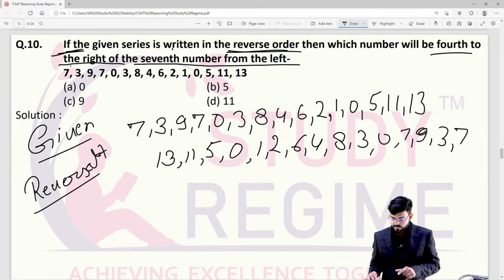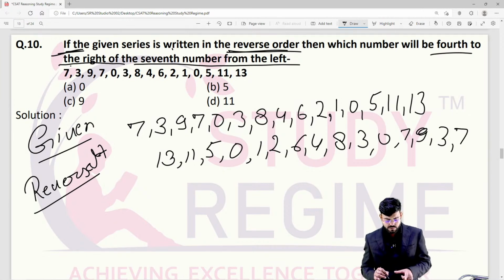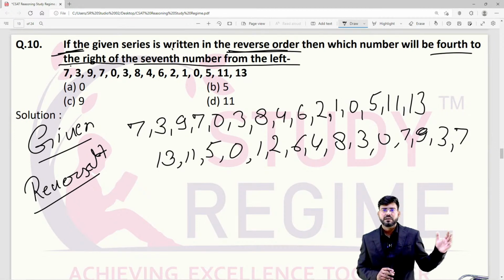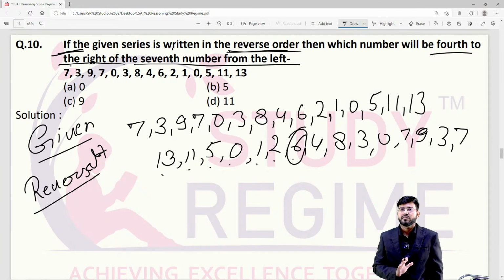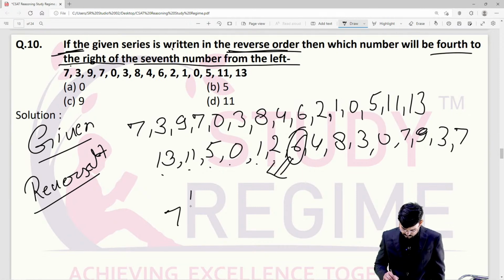Which number will be the fourth to the right of the seventh number from the left? This is my left. We'll start from here. Seventh number: 1, 2, 3, 4, 5, 6, 7th. This is the seventh number from the left.